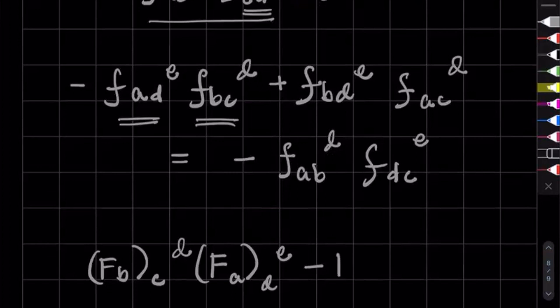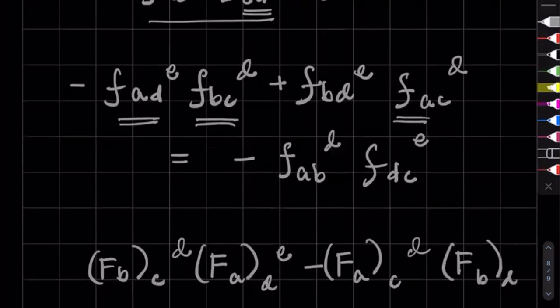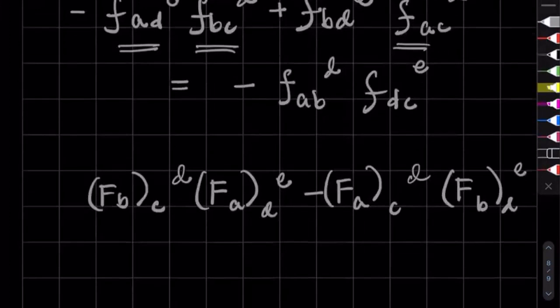We have f_A, its CD element, this is this thing. Then f_B, its DE element. I didn't need to really change the ordering before, I just realized that. And on the right-hand side, the -1 becomes i squared, and I keep one of the i's.